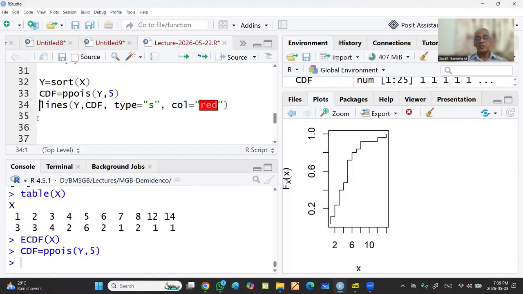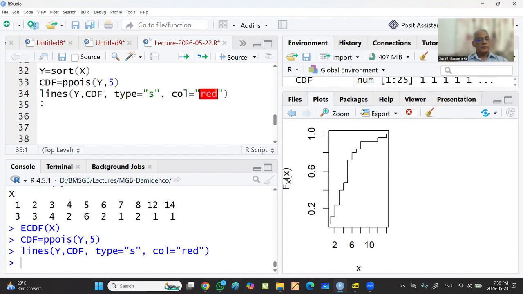So in order to get that theoretical CDF, I will use lines with y, the sorted x values, and the CDF value. The type will be s now because I want the step function. Okay, what happened? It didn't run.